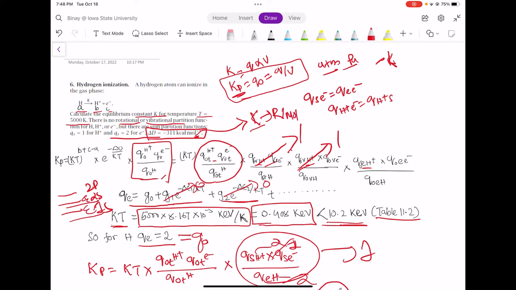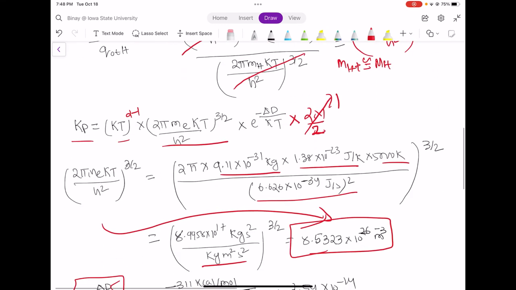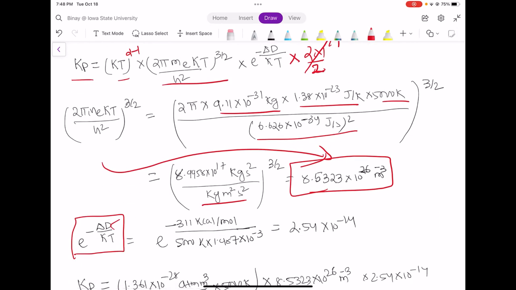So instead of k we need R. So e to the power minus delta D over RT. Minus of delta D is minus 300 kilocalorie per mole, and 5000 is my temperature. R in terms of kilocalorie mole inverse Kelvin inverse is this. So just multiply all these things, and you will get this 2.54 into 10 to the power minus 14.